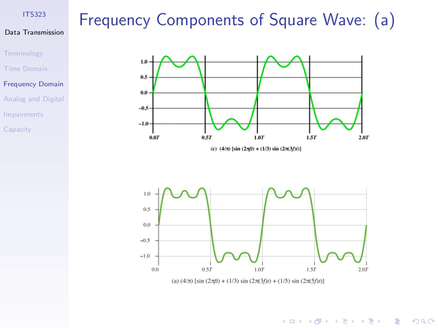1 divided by 2 million is half a microsecond. 1 divided by 1 million is 1 microsecond. 1 divided by 2 million is half a microsecond, 0.5 microseconds.